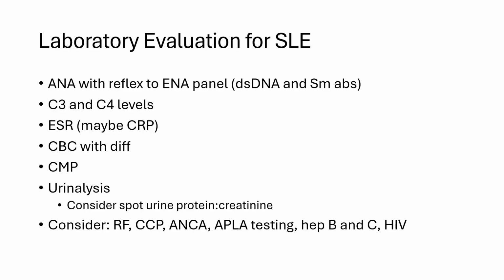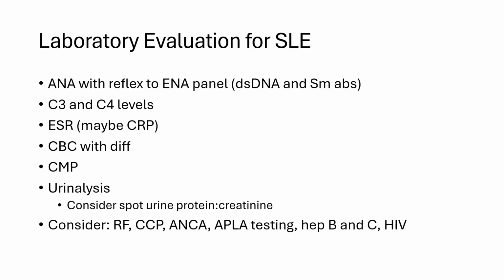But when they're low, that's usually happening because of consumption of the C3 and C4. The other way the C3 or C4 might be low is that genetically they are predisposed to not making as much of that protein. And interestingly, someone who has a C3 or C4 deficiency is at a higher risk of developing lupus.